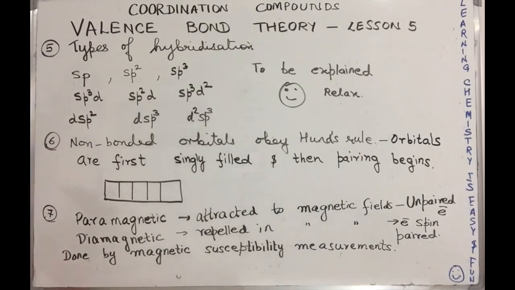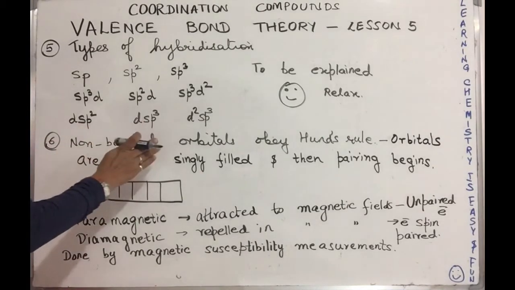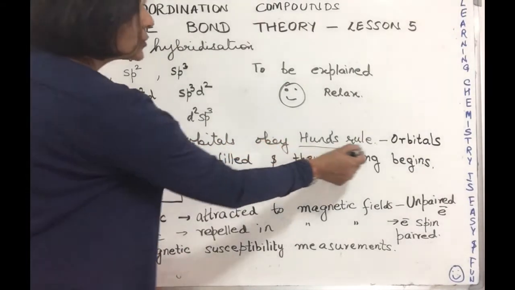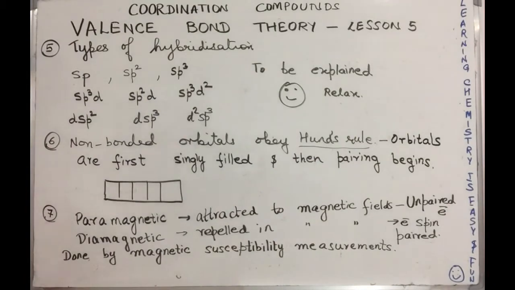Sixth point. The non-bonded orbitals. That means those electrons which are present in the orbitals which are not participating in bond formation, they follow Hund's rule of maximum multiplicity. What is Hund's rule?